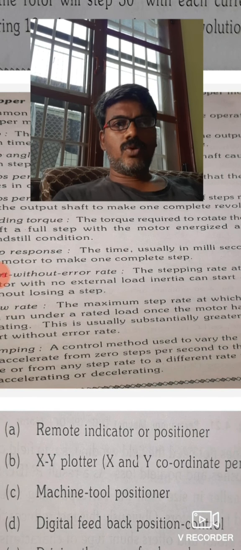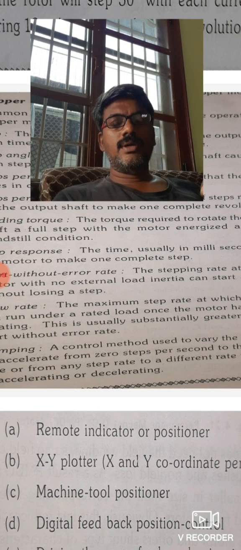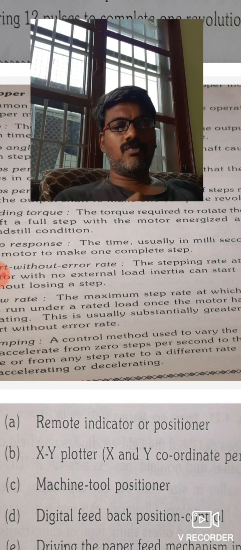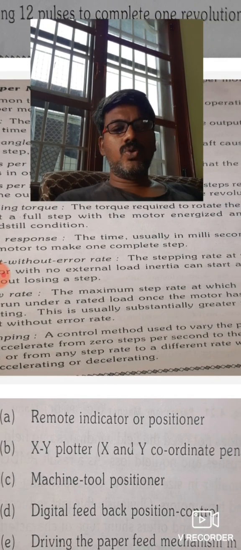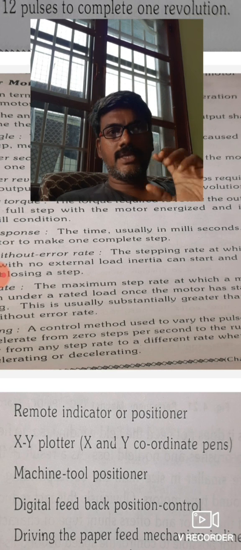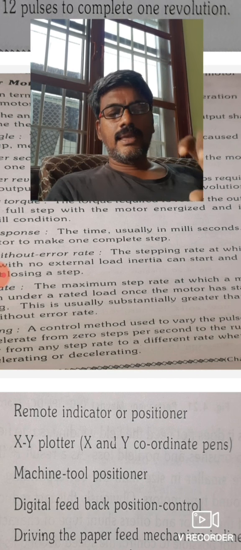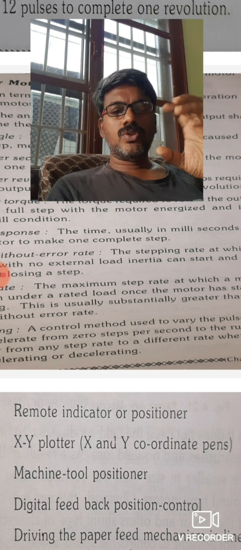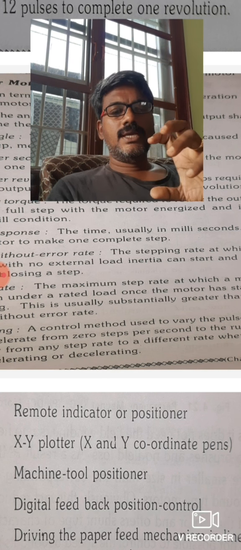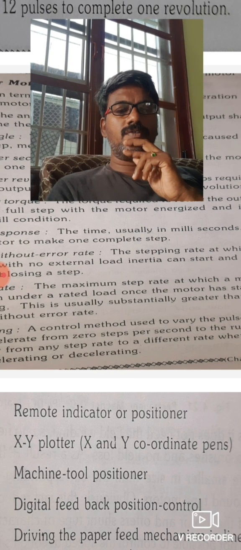Generally, the motor is connected to some load, because of which we get some inertia. The stepping rate at which the motor with no external load inertia can start and stop without losing a step, that is known as start without error rate.